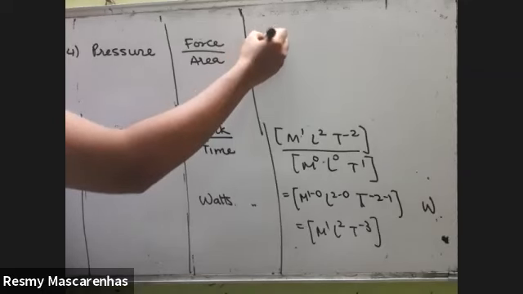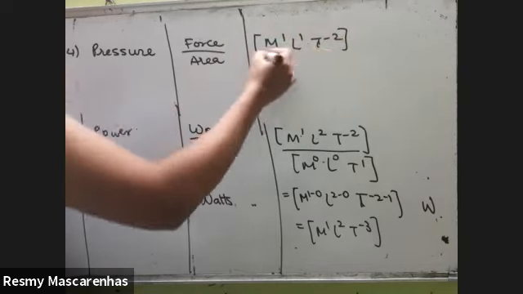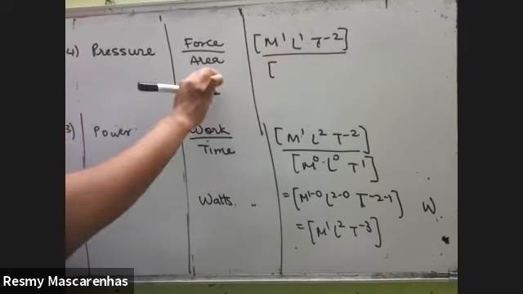M1 L minus 1 T minus 2. Yes. Because for force it is M1 L1 T raised to minus 2. Area is length square.